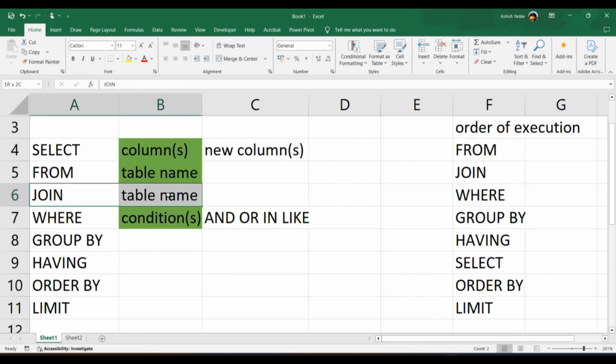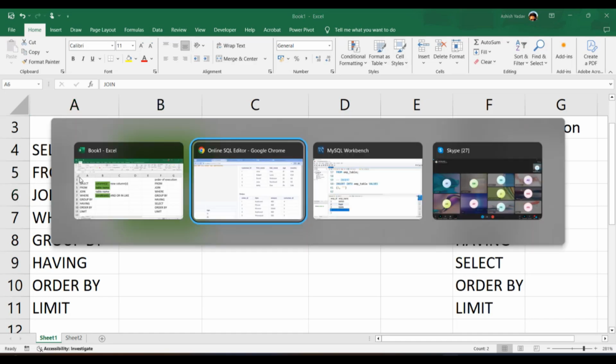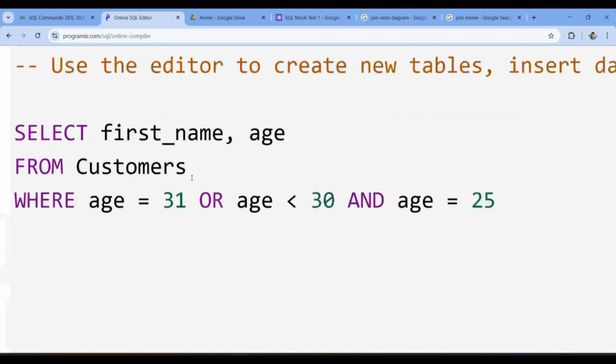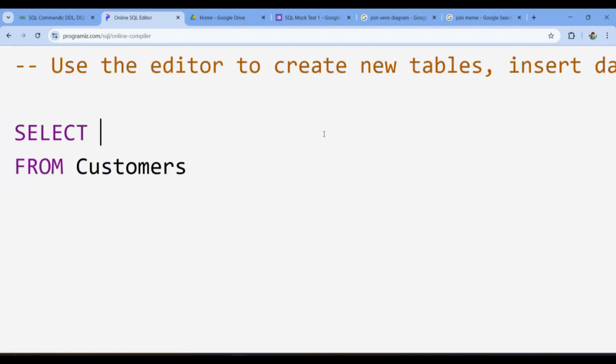So in your join also, you write your table name. What is your first table? What is your second table? So let's say I start writing that. I will write select also afterwards. Select from customers, and then I can write join.